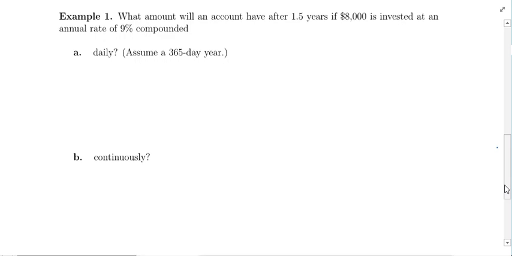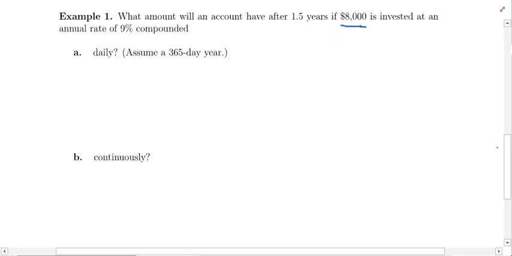Assume a 365-day year. So what's going on here is you are saving money. You're saving one lump sum of $8,000 for 1.5 years. The interest rate is 9%. And we're told that the interest is being compounded daily.